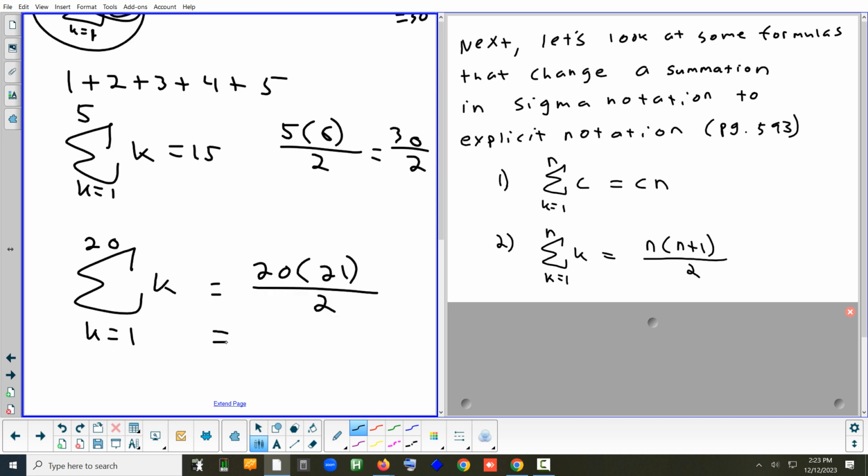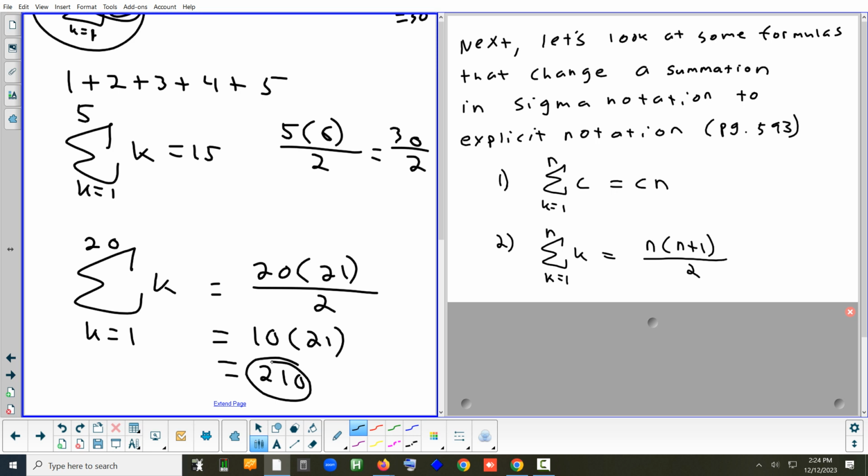What's 20 divided by 2? 10. And what's 10 times 21? 210. So if you want to manually add up 1 plus 2 plus 3 all the way up to 20, it's going to add up to 210. So it gives you a quick way to add them all up.